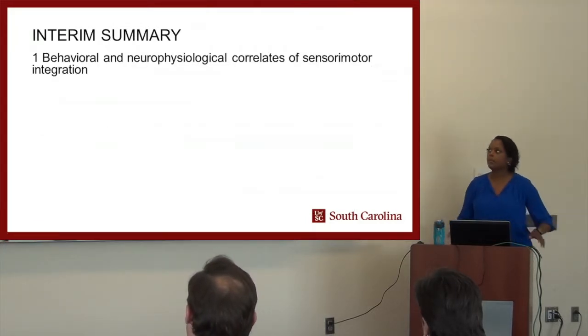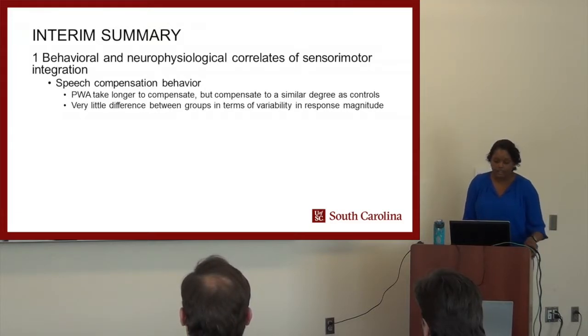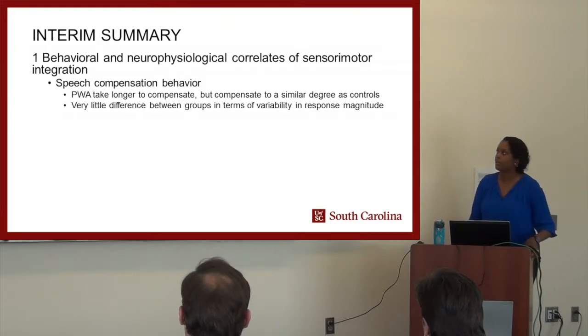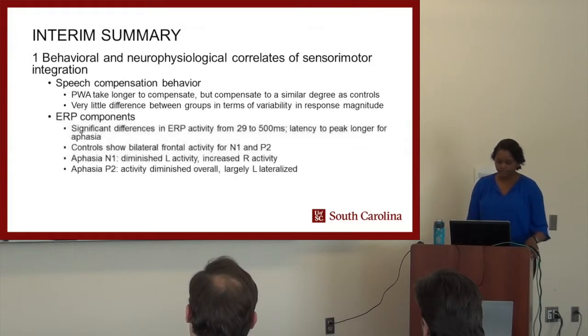All right, so just to summarize what we've done so far, in terms of speech behavior, the individuals with aphasia took longer to compensate, but their compensation magnitude was similar to that of the controls. There was also very little difference between groups in terms of the variability in the response magnitude.